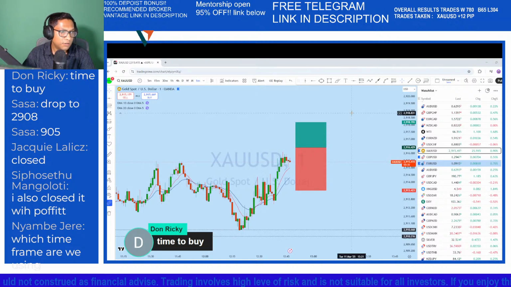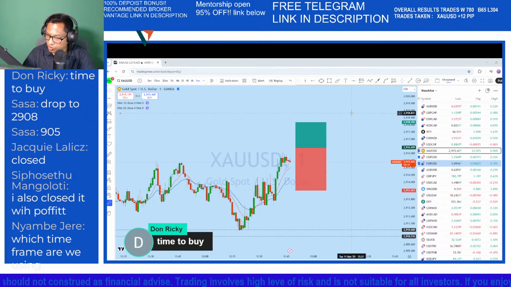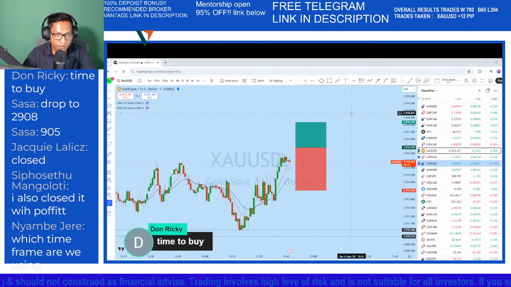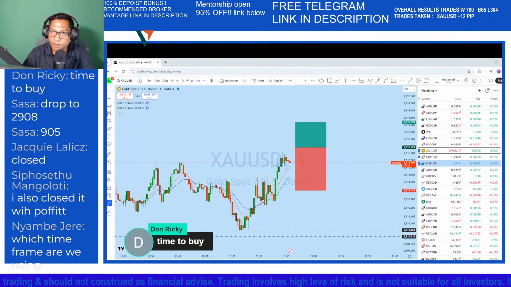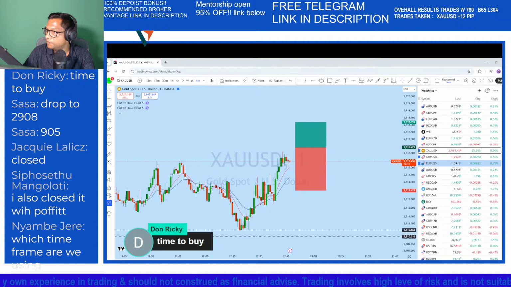Stop loss at 2913.423 and TP target at 2918.193. Right. So this is a pending order on XAUSD.